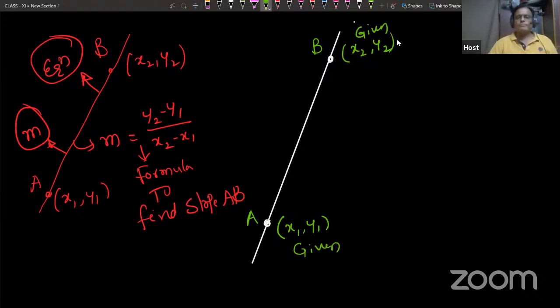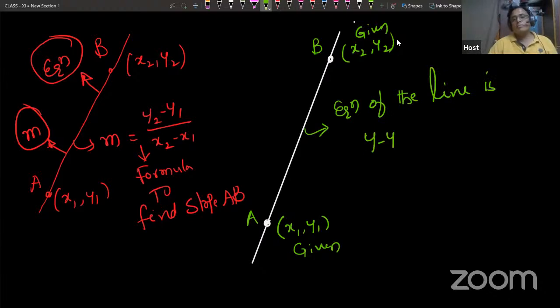Slope we already know, but this time, to find the equation of the line it is (y minus y1) divided by (y2 minus y1) is equal to, very simple now, entire LHS replace y by x. No need to remember the right hand side. You replace y by x: (x minus x1) by (x2 minus x1).